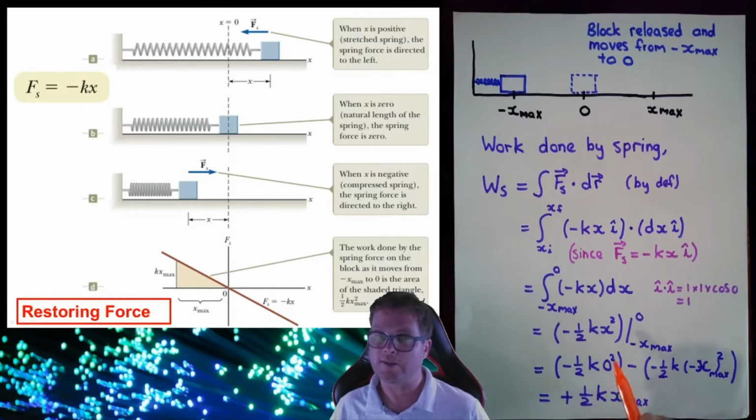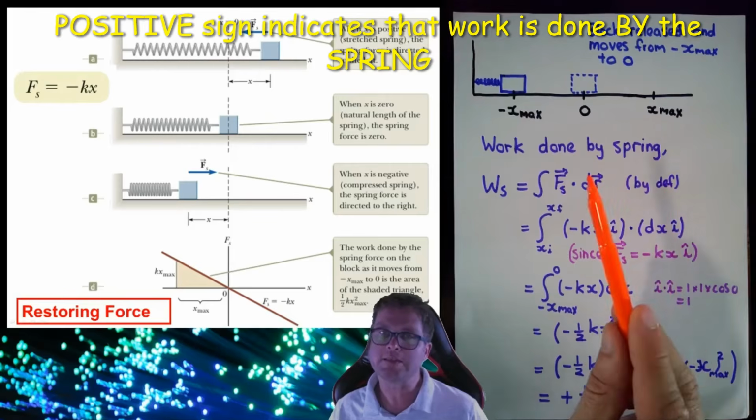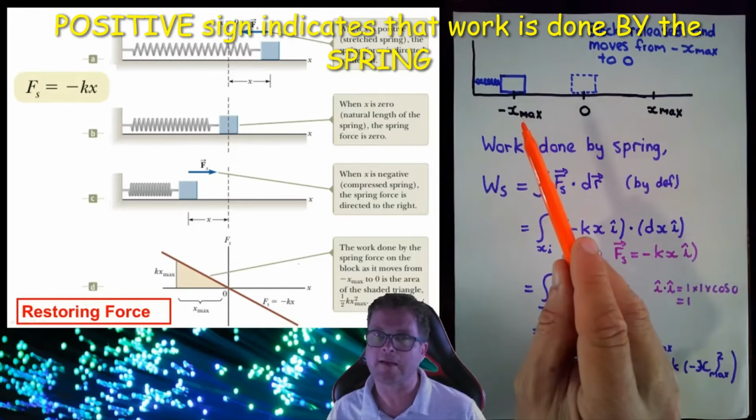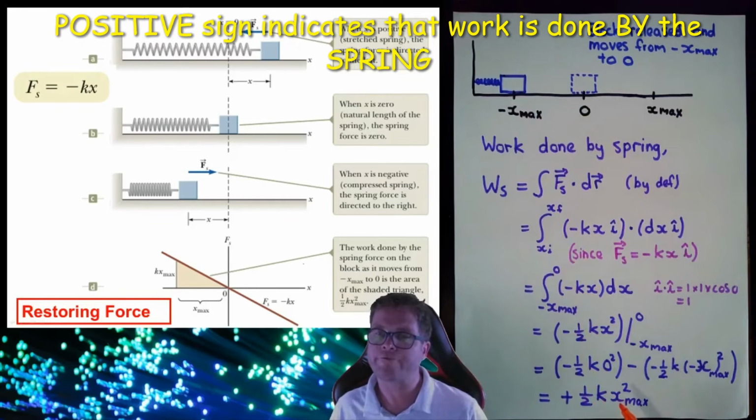When we look at this, you can see that the first term is simply going to be 0, and this minus multiplied by this minus is going to give us a positive. This is minus x max squared, so it's also going to be positive. So the solution that we're left with then is half k x max squared. So the work done by the spring as the block moves from minus x max to 0 is given by half k x max squared.